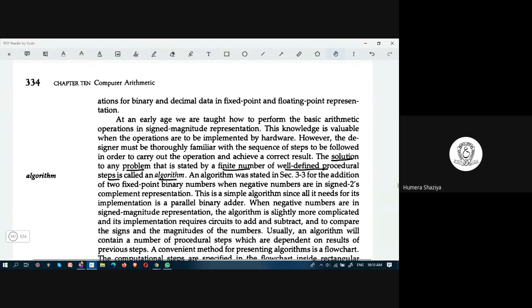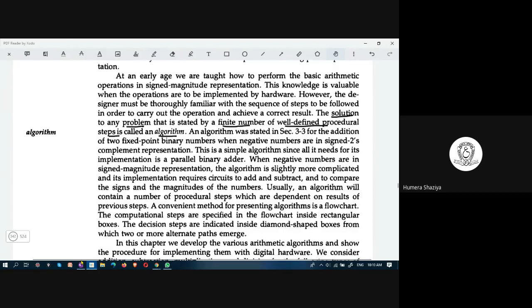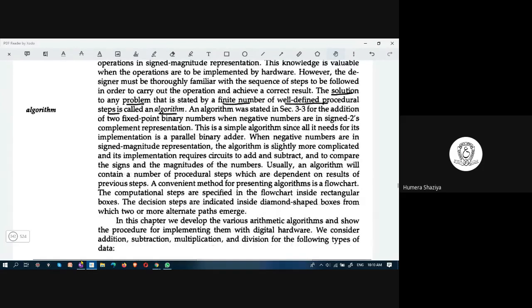We will study several algorithms in this chapter to understand the process of arithmetic operations, how they are actually carried out in a computer system. A method for presenting an algorithm is a flowchart. The computational steps are specified in the flowchart inside rectangular boxes, and the decision steps are indicated inside diamond-shaped boxes, from which two or more alternate paths emerge.